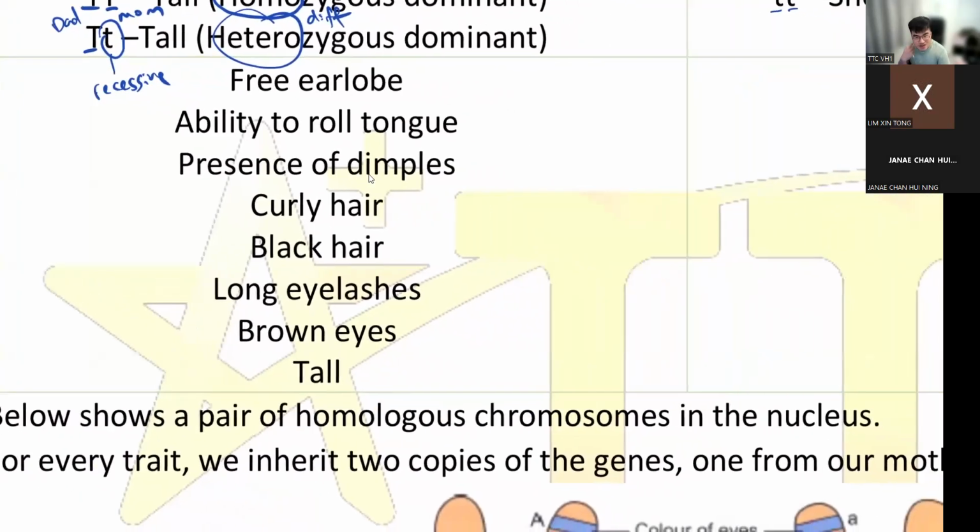If yours is very free, you look like Buddha already. So mine is attached, so mine is recessive. Mine is not free, I didn't get it. So see how much you got. Okay, second one, ability to roll tongue. Can you do this?